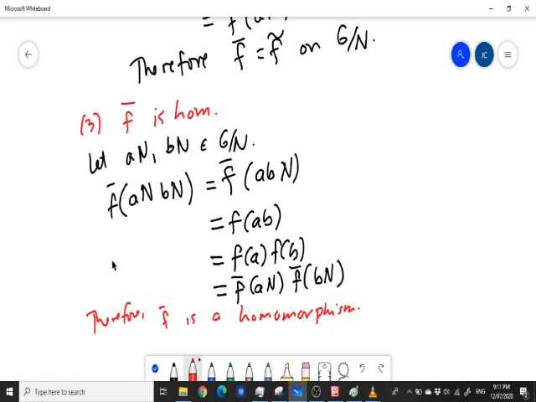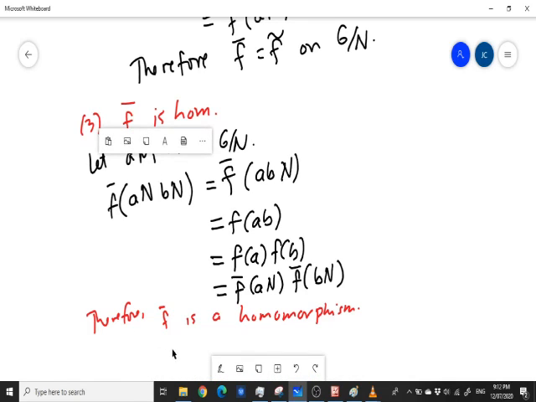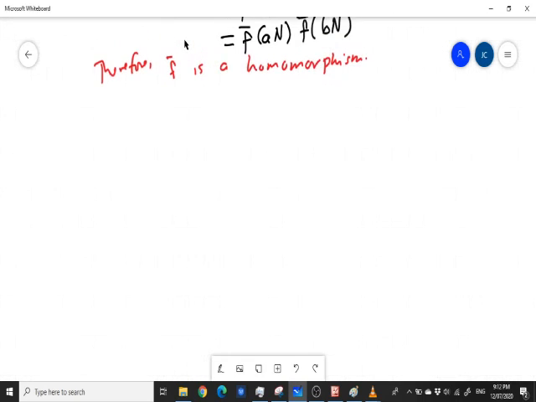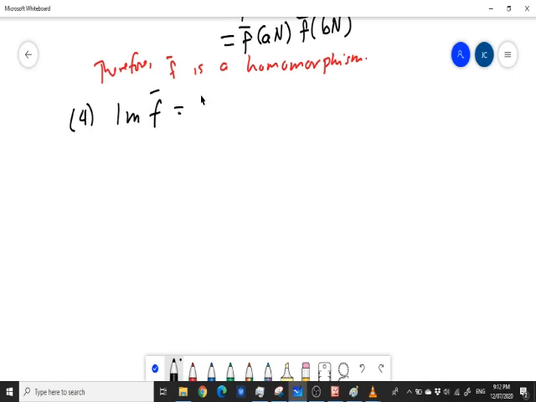Okay, so therefore f bar is a homomorphism, and we have shown that f bar is a unique homomorphism. So we have shown that f bar is well defined, it is unique, and it is a homomorphism. Next, you have to show that the image, the fourth one, the image of f bar is the image of f.